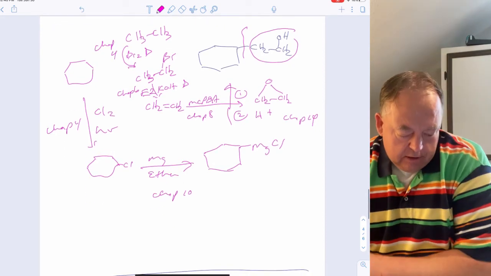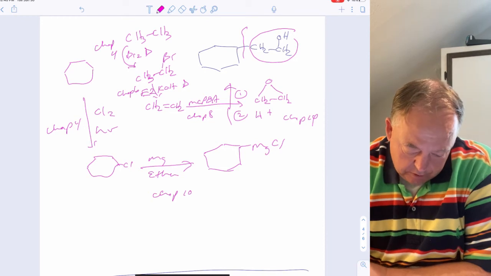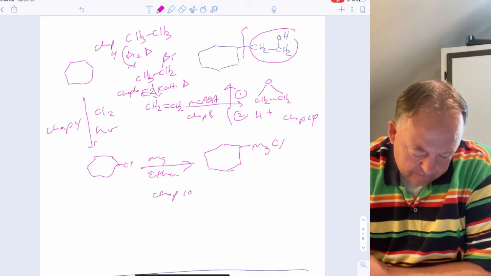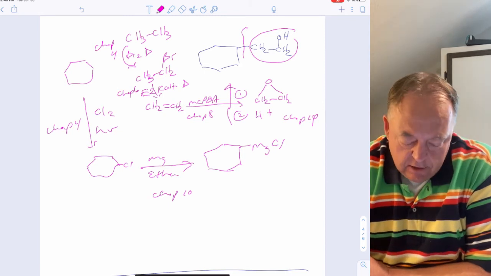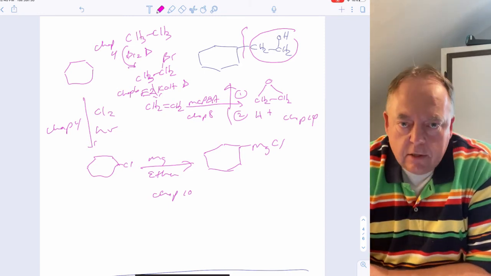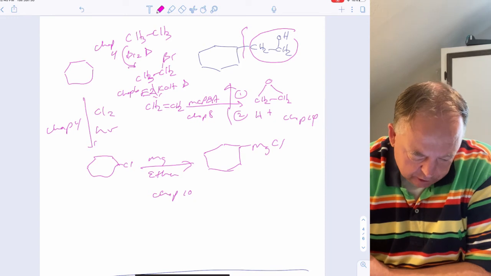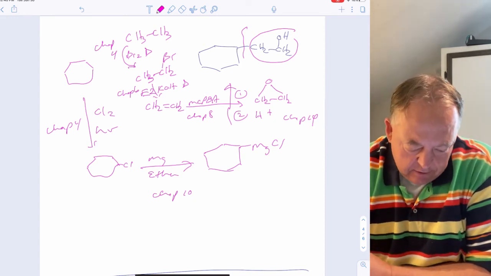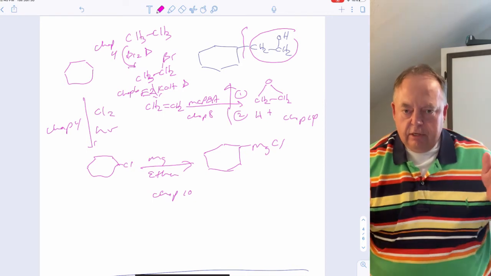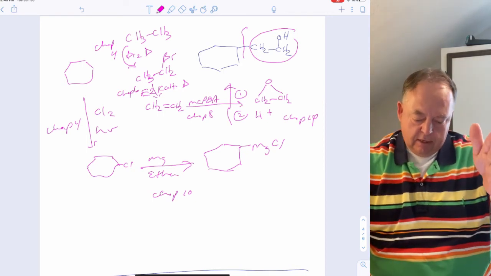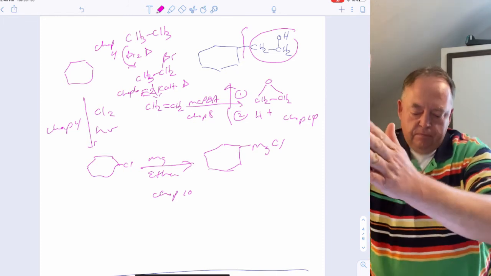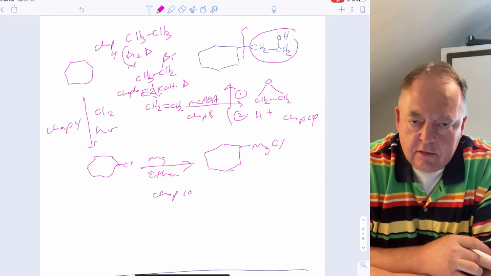So in order to do the synthesis, it's a 1, 2, 3, 4, 5, 6 step synthesis, which would be more than I would ask on a test, but that just illustrates to you how you can string together 6 different reactions through a convergent synthesis. So you get 2 pathways going to make the epoxide and make the Grignard reagent, and then you converge them into 1 pathway to make the final product.